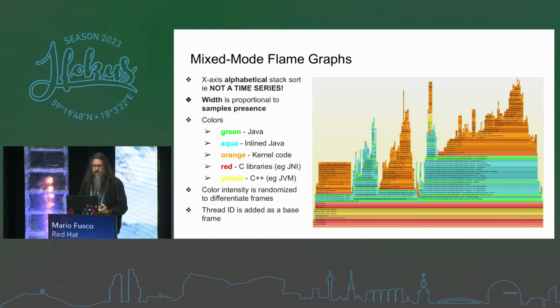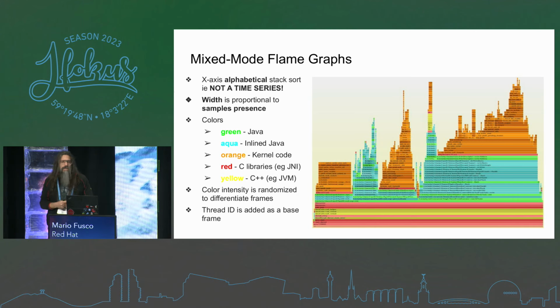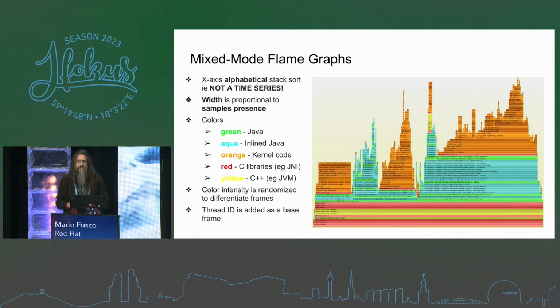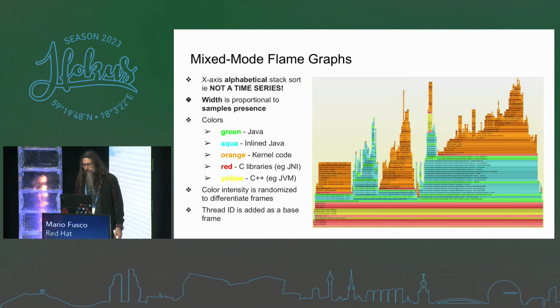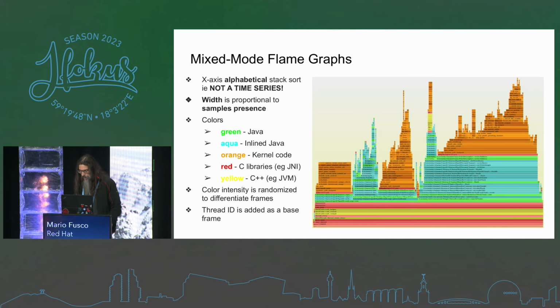With red, you don't see much of it unless you have some JNI invocation. And in yellow, you see C++ code. Typically, you see the work made by the garbage collector. Okay, so I tried to create flame graphs for these two different runs that I made with 5,000 native threads or virtual threads.